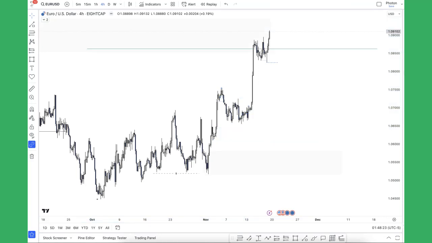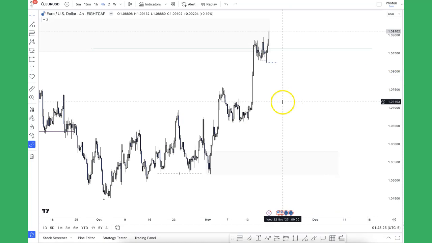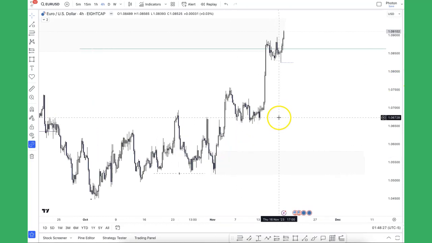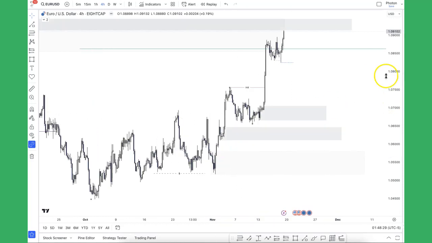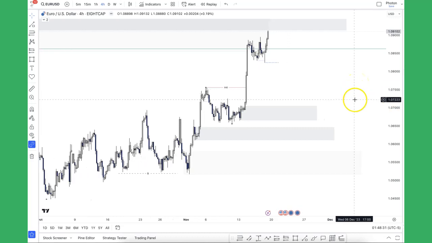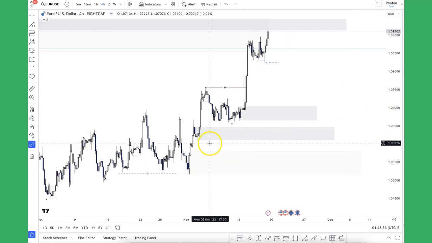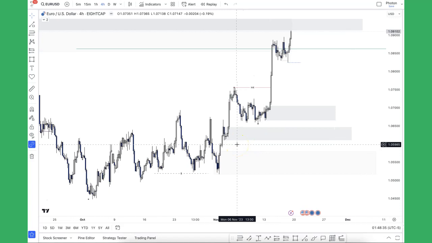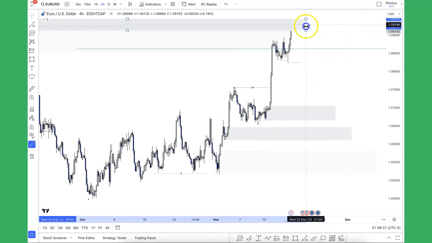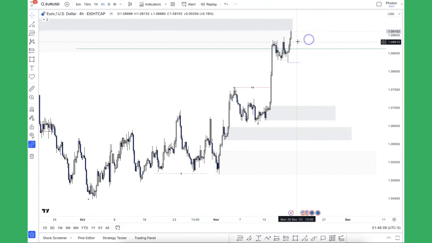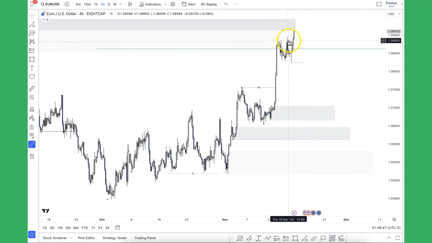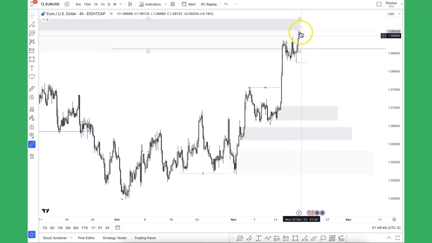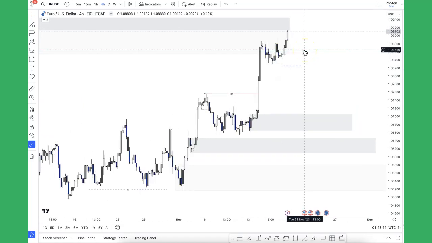If I have my daily on now, we can see, okay, this is where we are. I switch on my H4, and now you see how things are kind of falling into place and perspective. We do have this zone here, and from here we can expect a little bit of a pullback. We are already in the daily, and we need to see how much of a pullback we are expecting.